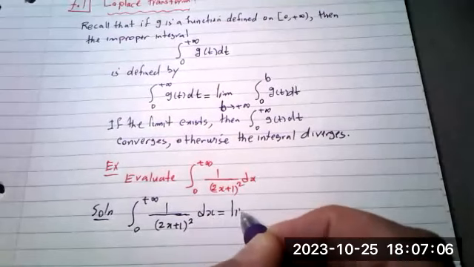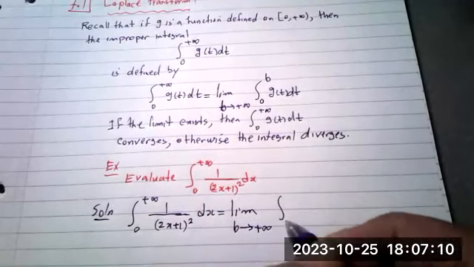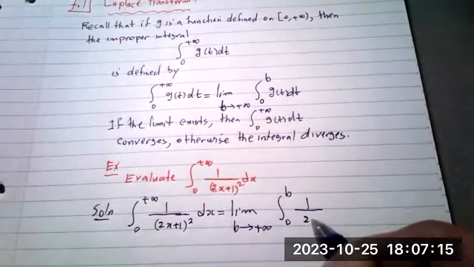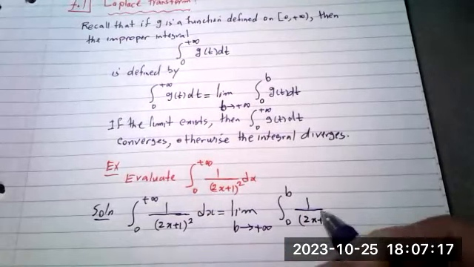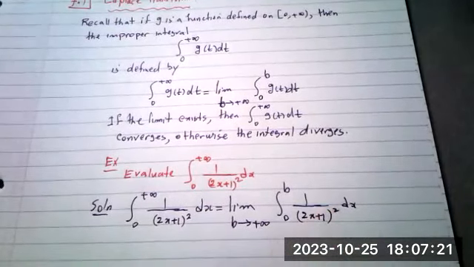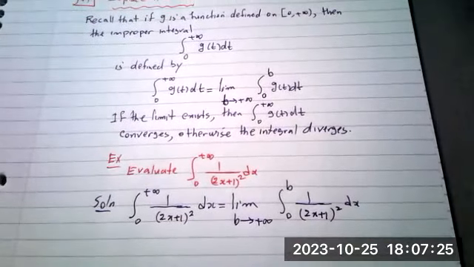It's going to be the limit as b goes to positive infinity of the integral from 0 to b of 1 over (2x plus 1) squared dx. Now we take the integral inside the limit. You move it up and use the power rule.